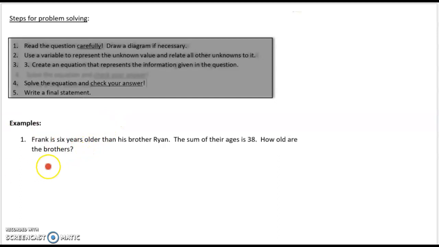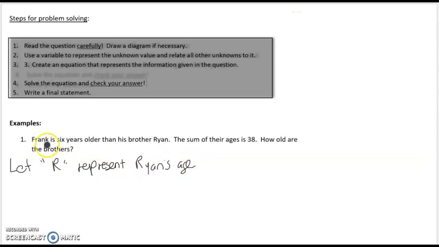So the first one, Frank is 6 years older than his brother Ryan. The sum of their ages is 38. How old are the brothers? So we're going to let R represent Ryan, and that's his age.